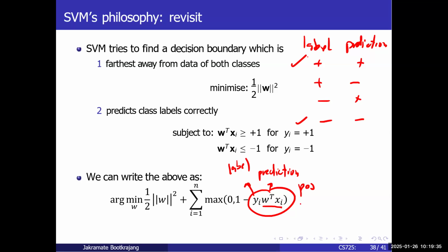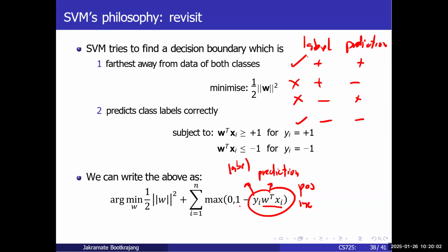And if you predict incorrectly, right, you will get different signs, right? One would be positive, one would be negative. And when you multiply them together, you get a negative number, right? So if you are correct, you get a positive number. If you are incorrect, you get a negative number.